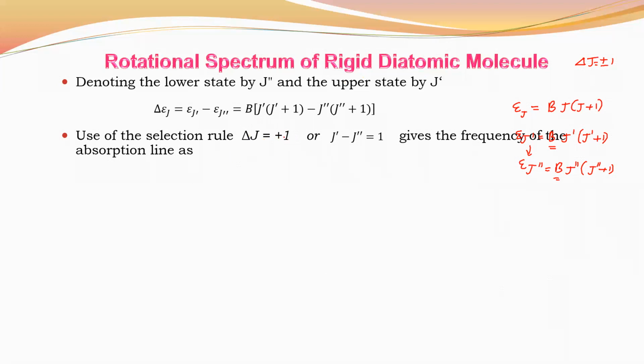So delta J plus 1 means J dash minus J double dash is equal to 1. So how can we simplify the above expression?